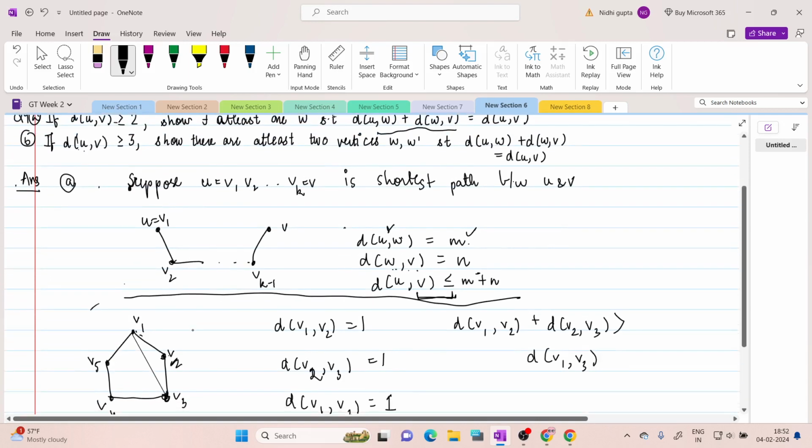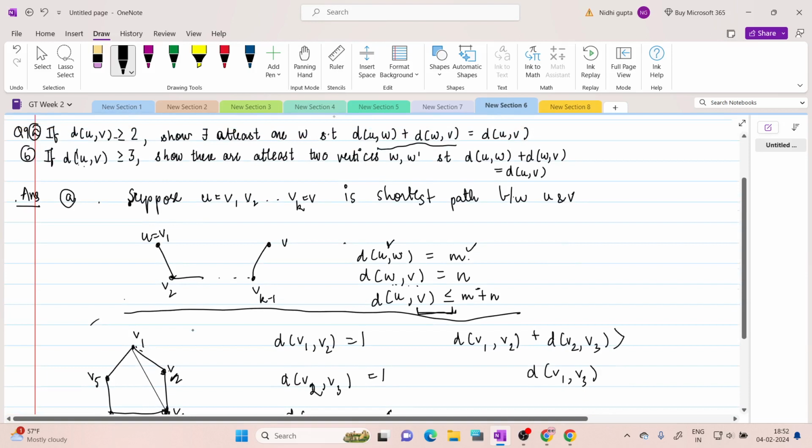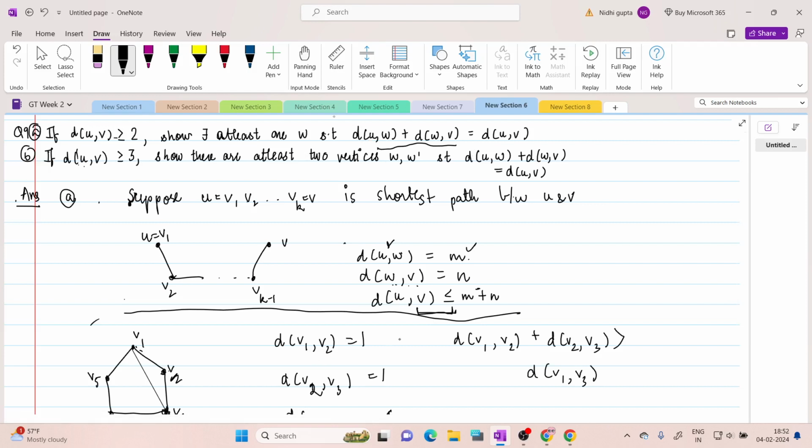Yes, in this example I was just showing that if someone says d(u,w) is m and d(w,v) is n, then d(u,v) should be m plus n, this need not be true. Right, that is true.